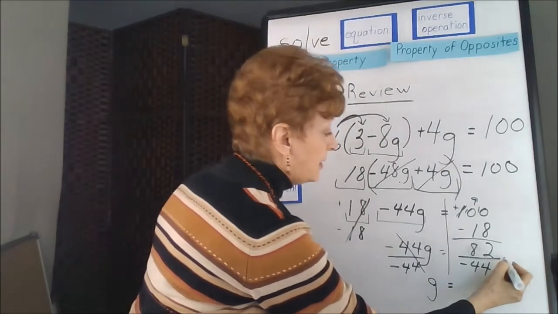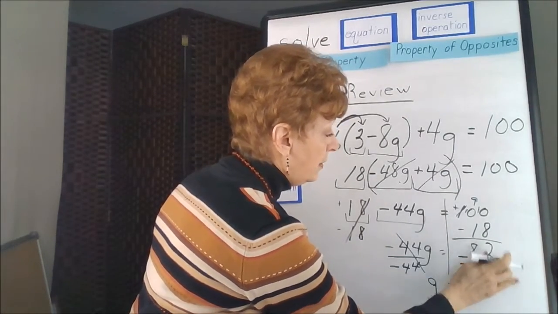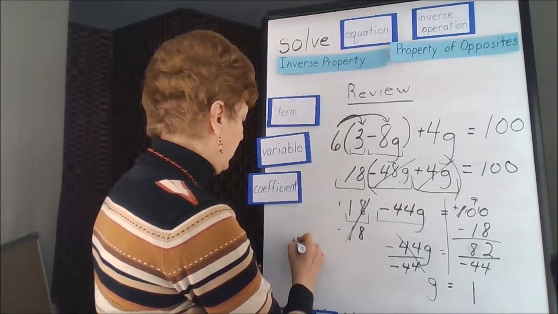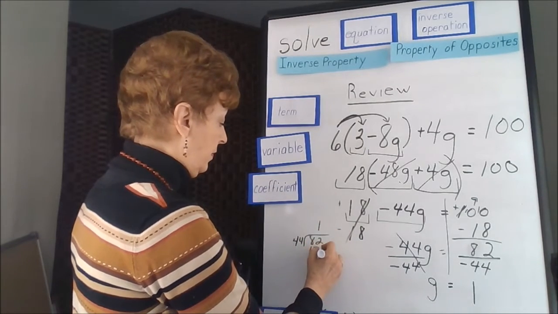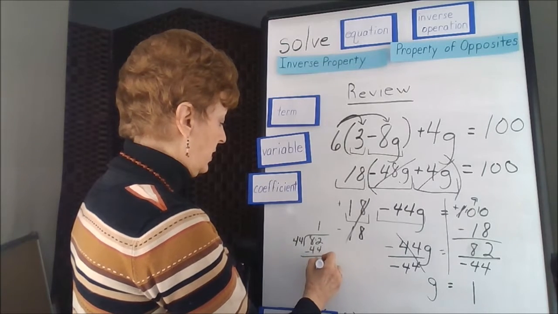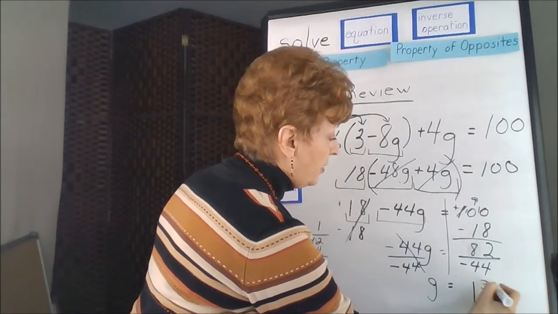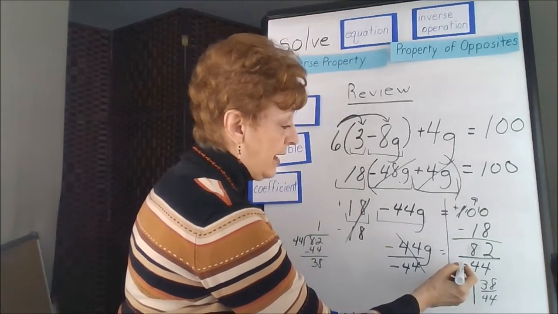I know that I can take 44 into 82 one time, okay, so 44 goes into 82 one time with 38 left over. So this is 38 44ths. It's a negative.